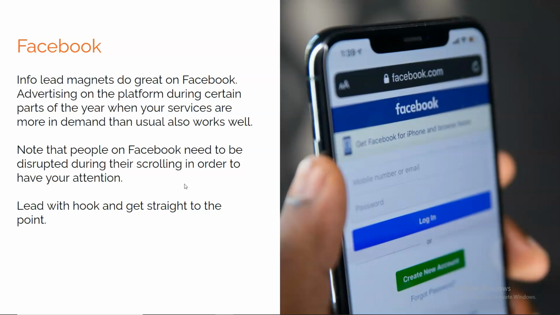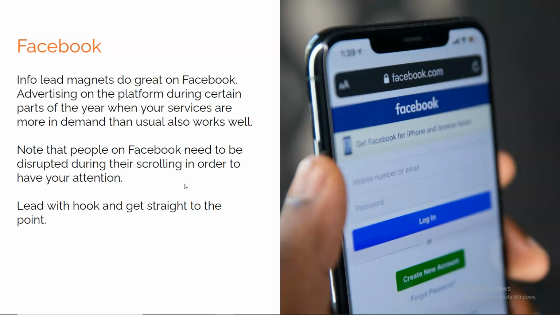When it comes to platforms, you can use Facebook. Info lead magnets do great on Facebook. Advertising on the platform during certain parts of the year when your services are more in demand than usual also tends to work very well. Just know that people on Facebook need to be disrupted during their scrolling to get your attention, because people are mindlessly scrolling on social media.